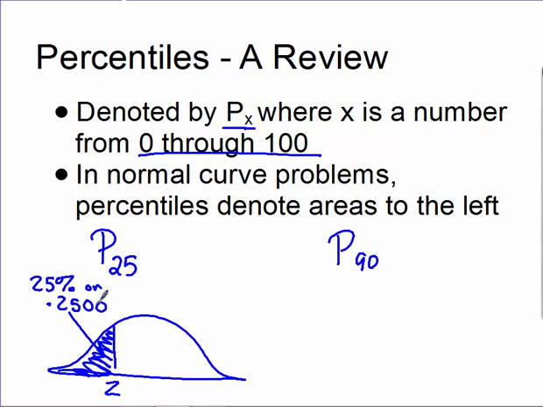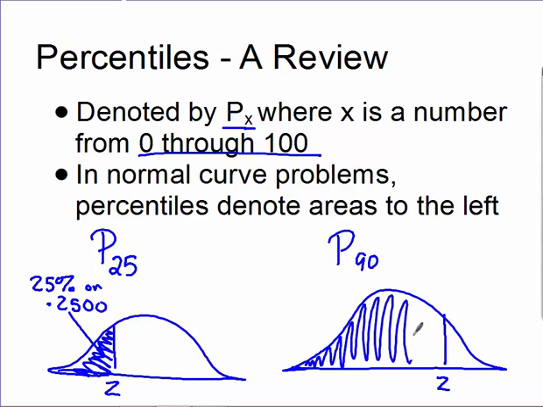If I have a 90th percentile, I can draw a bell curve again. I'm going to find the area to the left of some z-score where that area is equal to 90% or 0.9000.